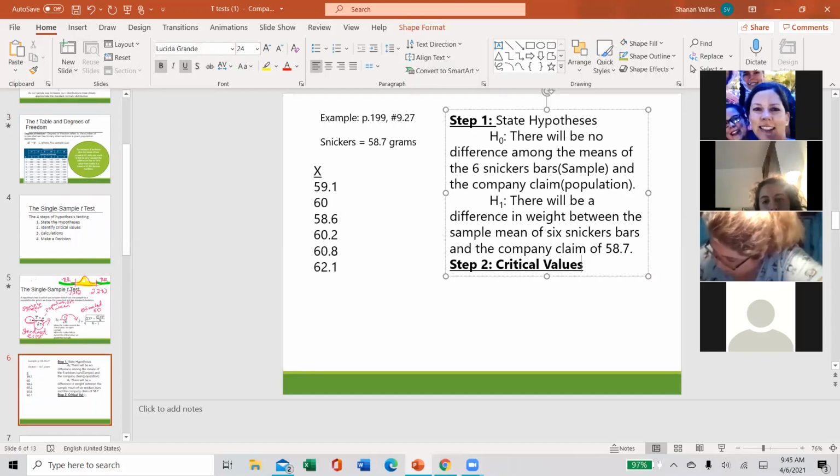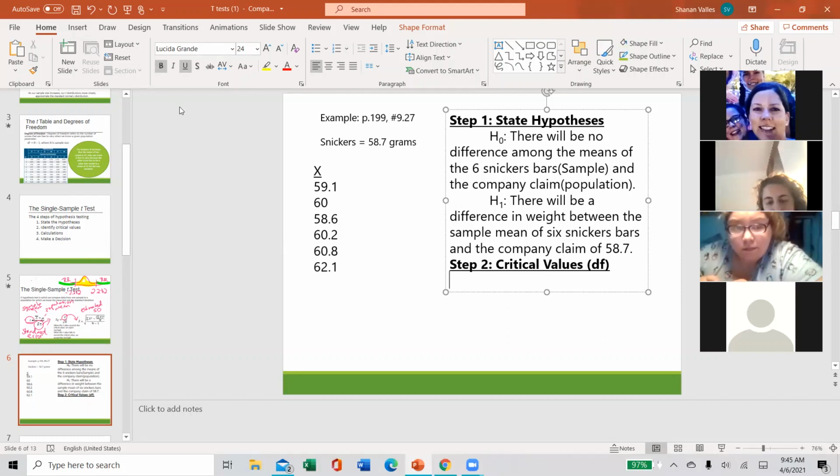Let's do this one like that too. I'm going to put parentheses, degrees of freedom right there. You have to find degrees of freedom.